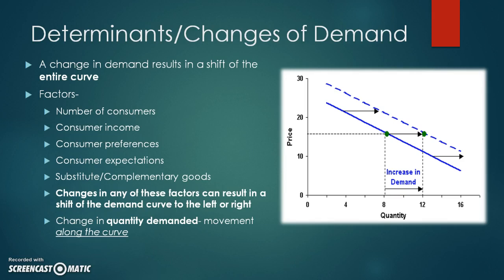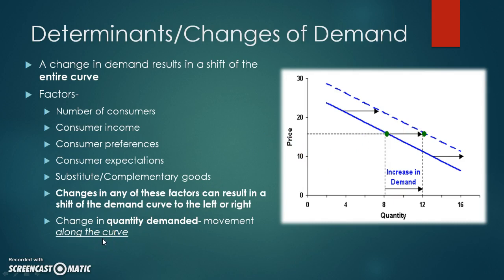Again, changes in any of these factors result in an entire shift. So say the number of consumers increase, maybe just more people move to a town. The demand for the supermarket in this town, for example, is going to be higher because there's more people. So the entire curve will shift out, as shown here.